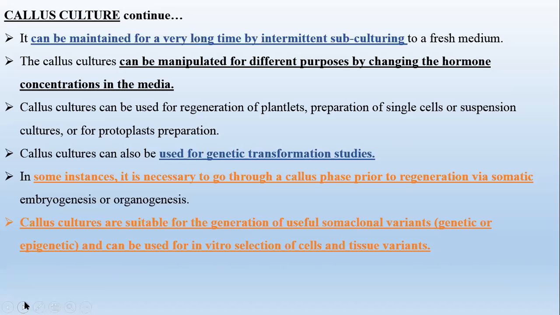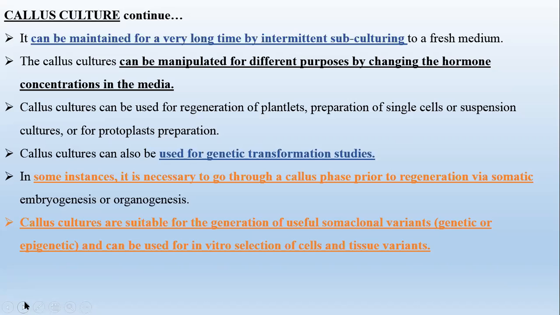In a number of cases, callus cultures are suitable for the generation of useful somaclonal variation and can be used for in vitro selection of cell and tissue variants. This somaclonal variation is again one of the important points of our syllabus that we'll cover in our next lectures. But for now, just remember that somaclonal variation is soma, that is somatic cells, and variation between the clones which are developed from somatic cells is called somaclonal variation or somaclonal variants.